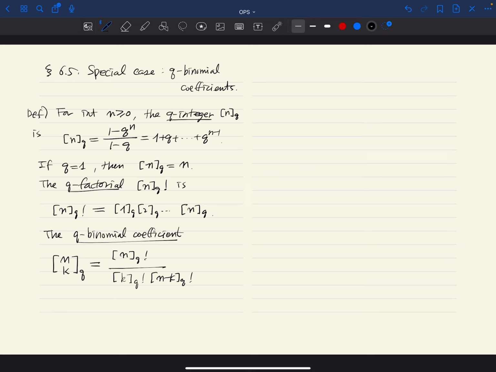Again, if q equals 1, the q factorial is just n factorial, and the q binomial coefficient is the usual binomial coefficient.